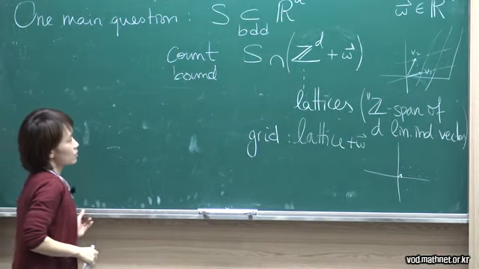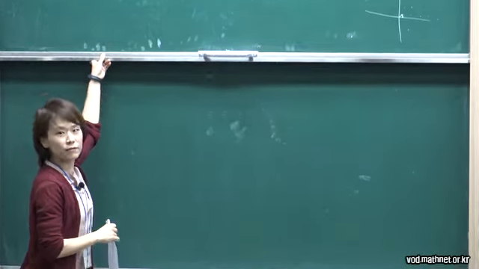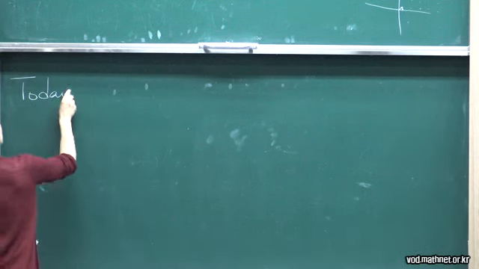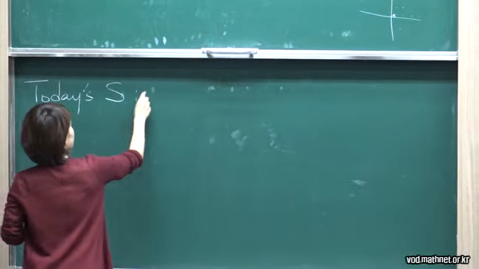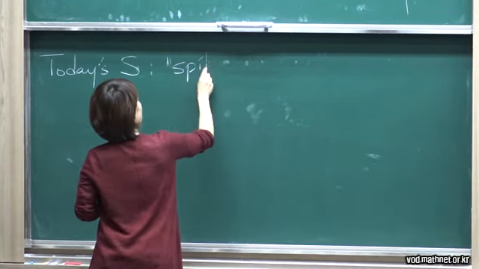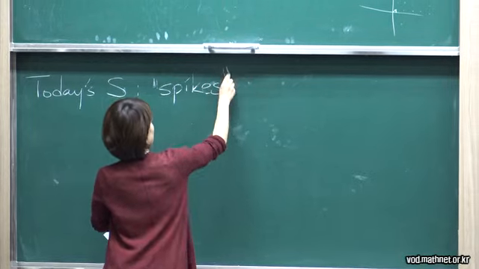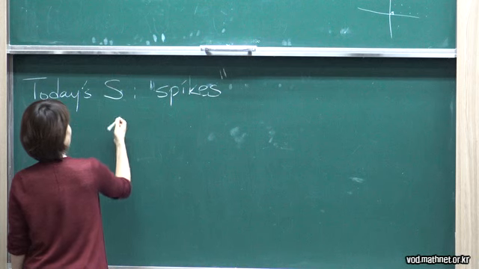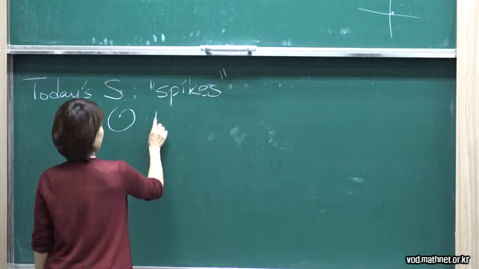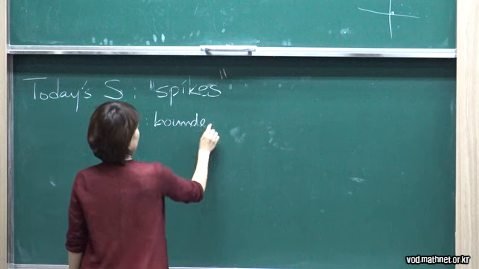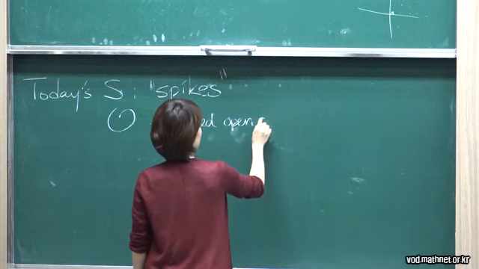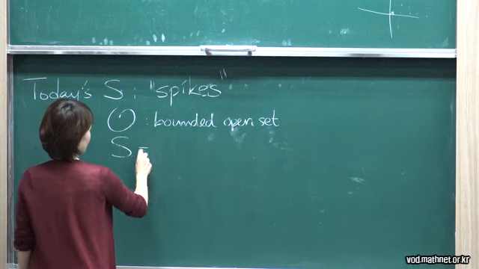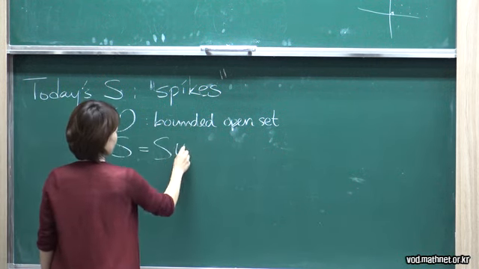And today I'd like to talk about just one type of set S, which we call a spike. So what are they? It's determined by an open bounded set O. For a given O, we define S, a set that depends on O, of course.